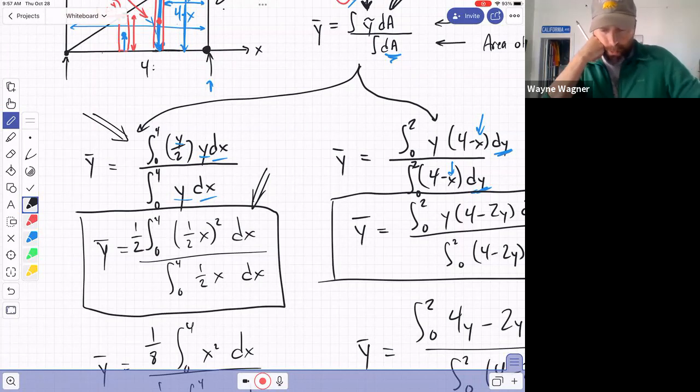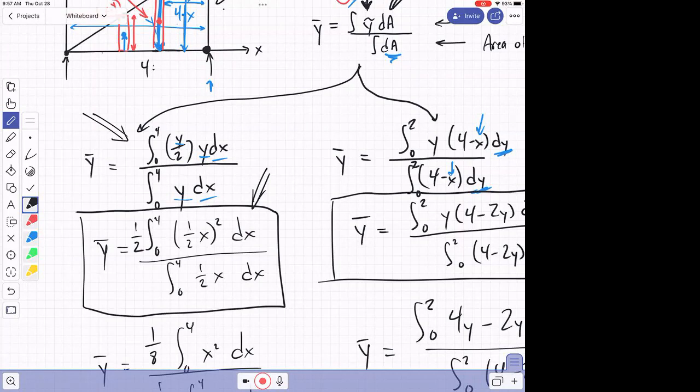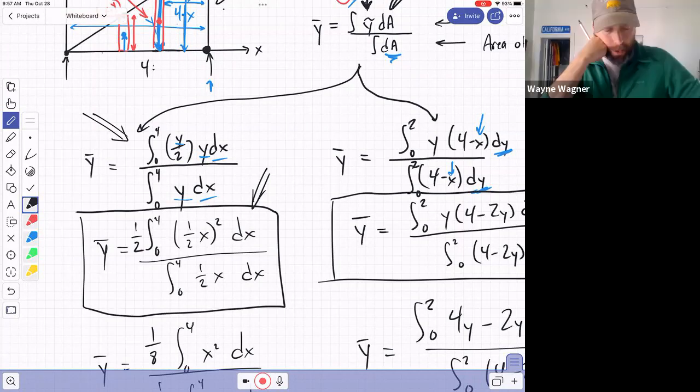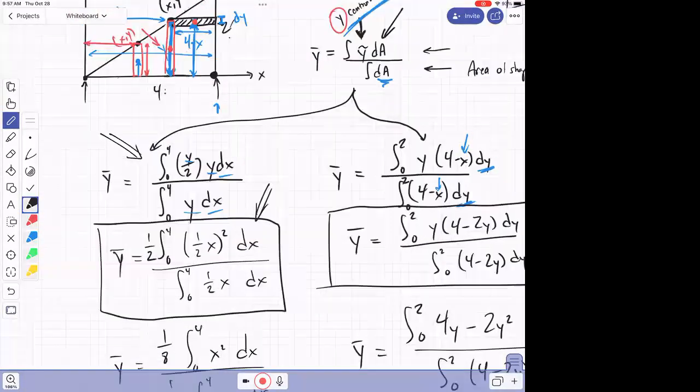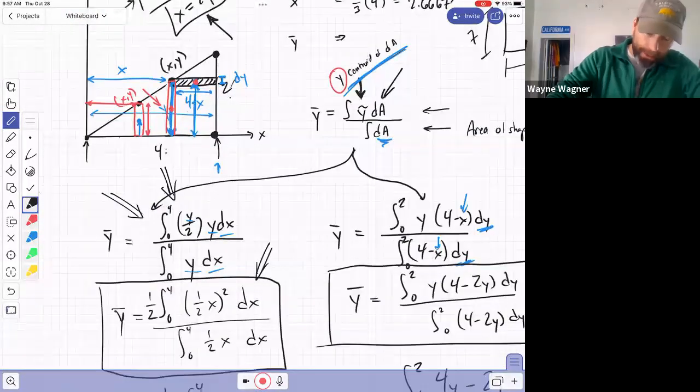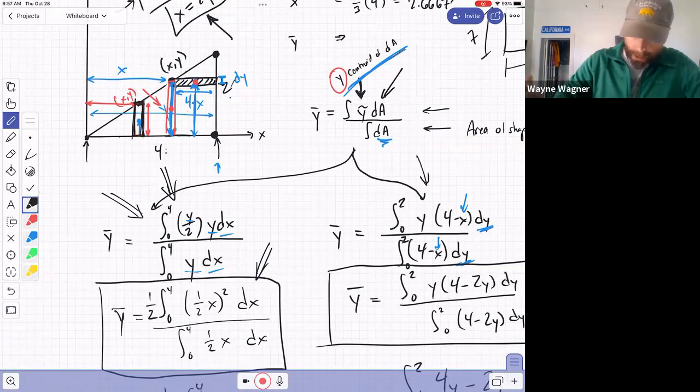Okay, let me work another one. So left side's the x side, right side's the y side, right? You mean which direction I made the boxes? For this side, I made the boxes like this, and for this side, I made the boxes this way.